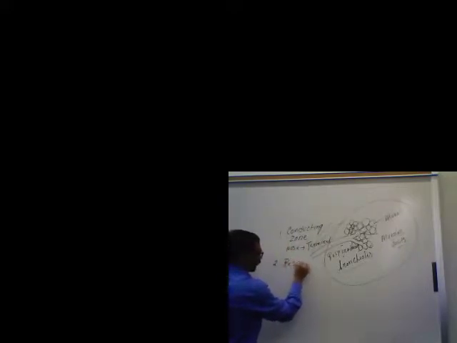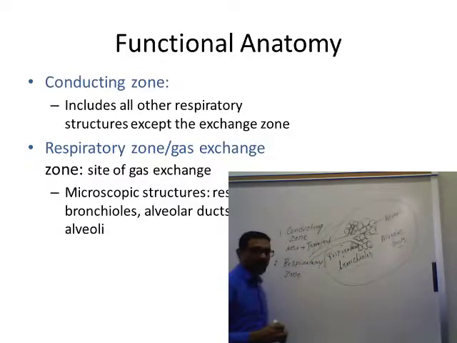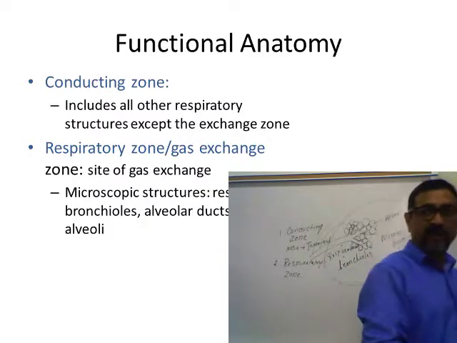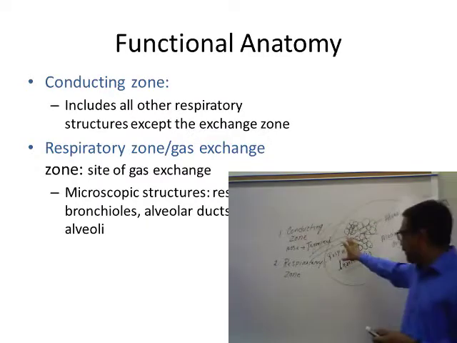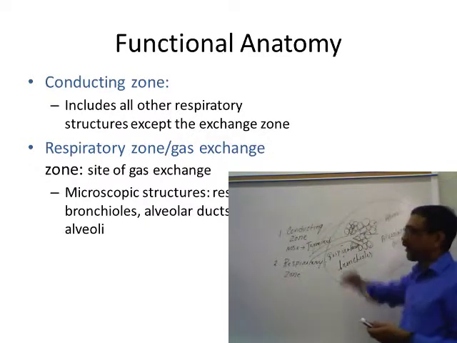Nose to terminal bronchiole, that is the conducting zone, only for the passage or transport of air. Then the last three structures belong to the respiratory or gas exchange zone. So the respiratory zone is also called the gas exchange zone, which consists of respiratory bronchioles, alveolar ducts, and alveoli.